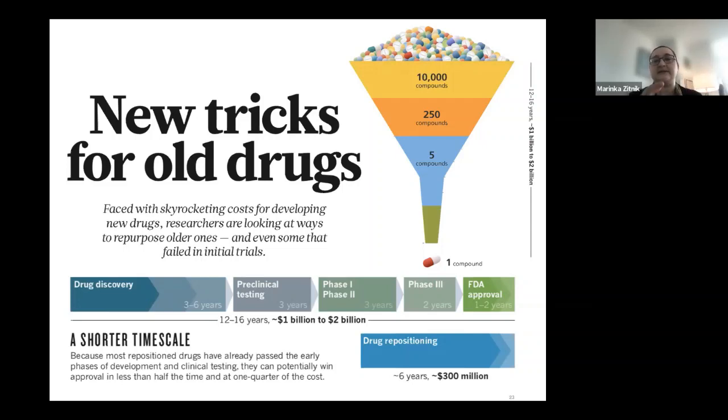And then those thousands of compounds in early phases slowly trickle down through preclinical testing, clinical research, all the way to the approval stage, where if we are lucky, we get a single compound that is both safe as well as efficacious for patients and can be approved by a regulatory agency and then put on the market.